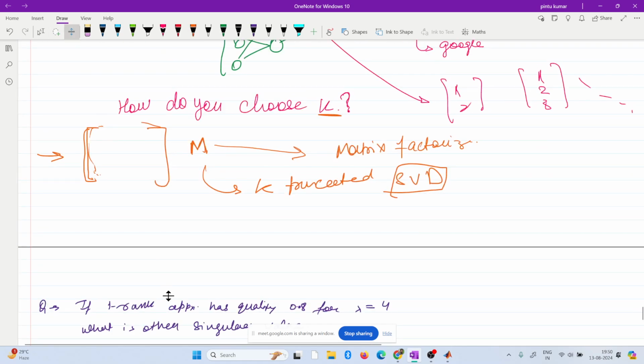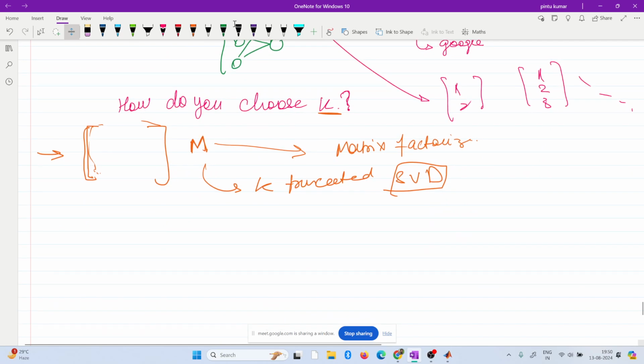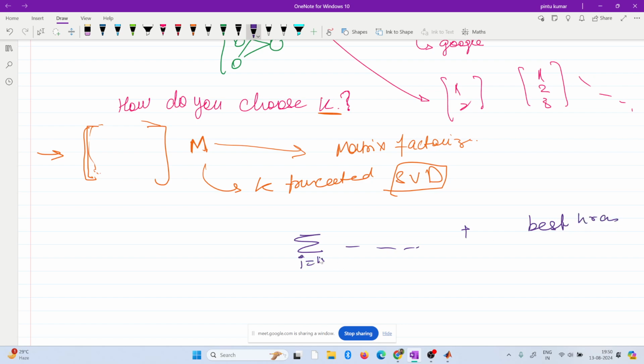Now after this was found out, what is obvious to assume? I said that if you do this kind of summation, this approximation is the best rank-k approximation, right? If you take the sum from i=1 to k. Now, rather than going till k, if you go till k plus 1, then by whatever we have discussed, you should get a better approximation.